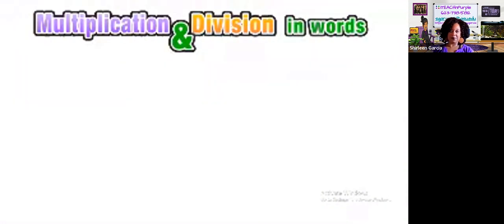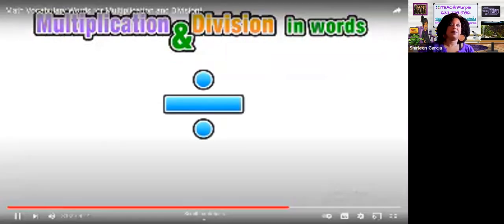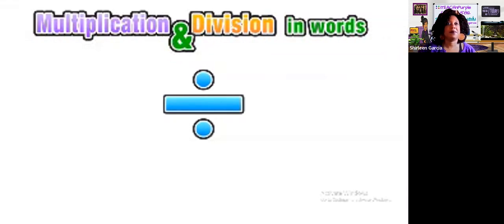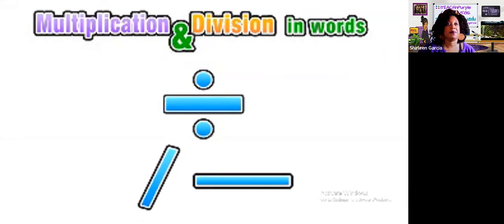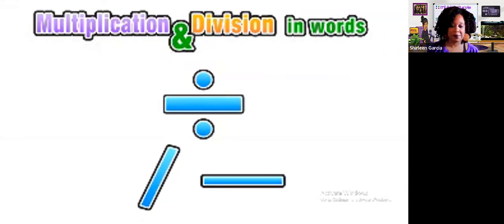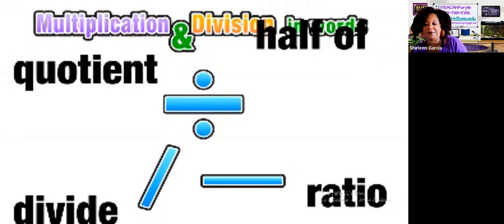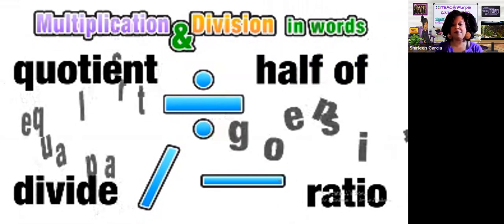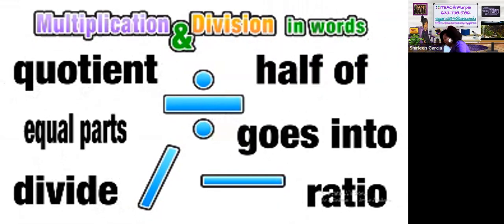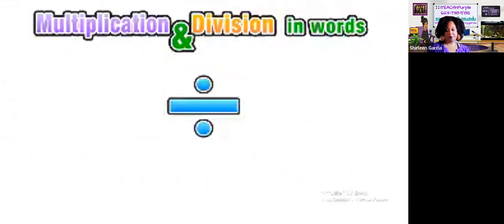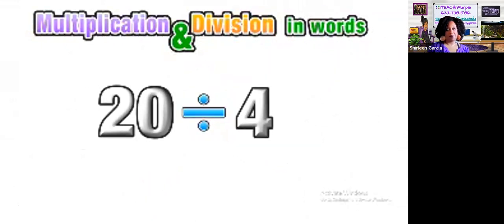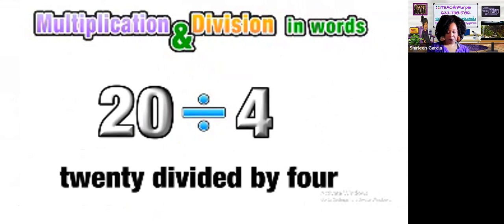So now that we've covered multiplication, let's look at its inverse, division, and we can express division using different symbols, including a slash or a fraction sign. Now we can use the word quotient or ratio, half of or divide, equal parts, or goes into. Now all of these words and phrases can represent division. So this example can be expressed verbally simply as 20 divided by 4.